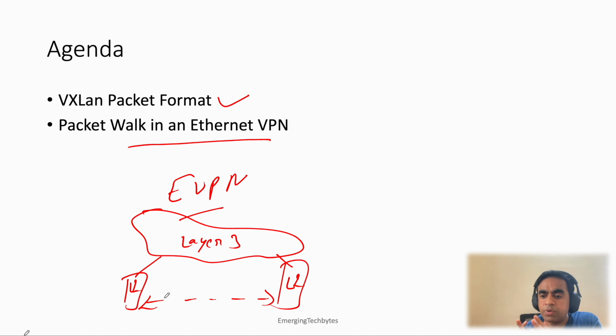This is the key purpose for EVPN, right? And since we are talking about layer 2 here, what is that one thing that comes to your mind when you think about layer 2?